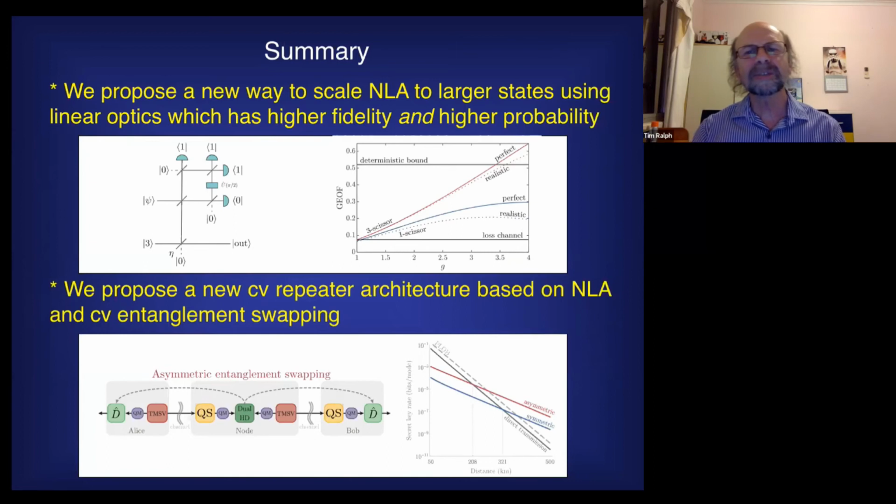The 1 scissor is reasonably resilient to dark counts at low gains, but like I say, I can't really say for the 3 scissor. In terms of the effects in the repeater protocol, we haven't looked at what happens with inefficiencies and stuff like that for this new protocol.